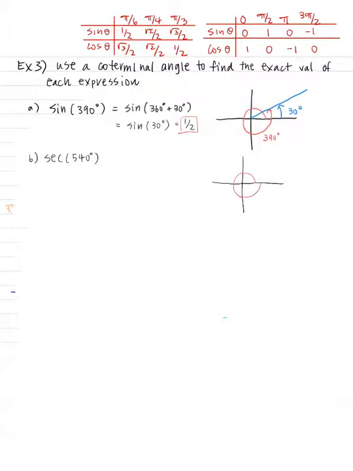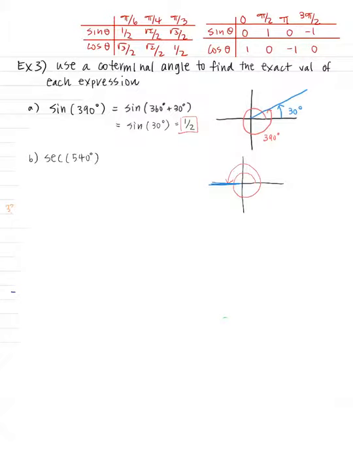And then how much more do we need to go to get to 540? You could go 540 minus 360 to get the remaining angle, which will be 180. So from here to here, we're going to have to revolve 180 degrees. So our terminal side is going to lie on the negative x-axis.